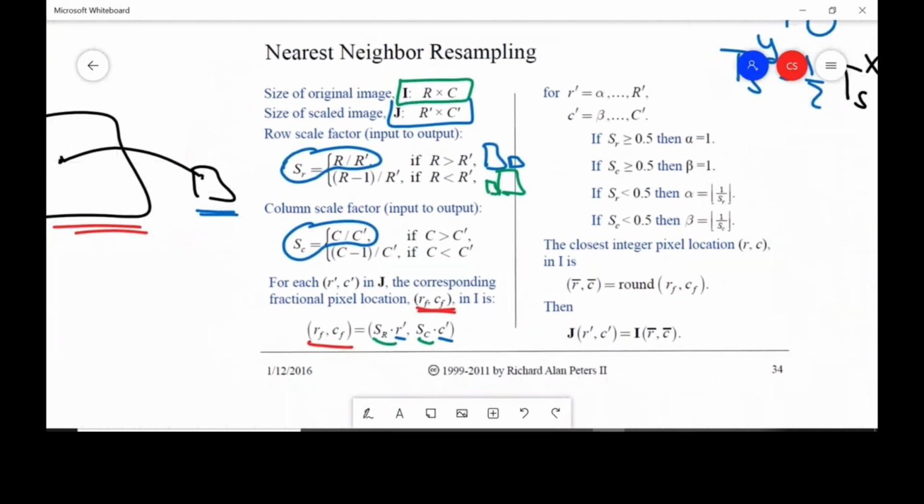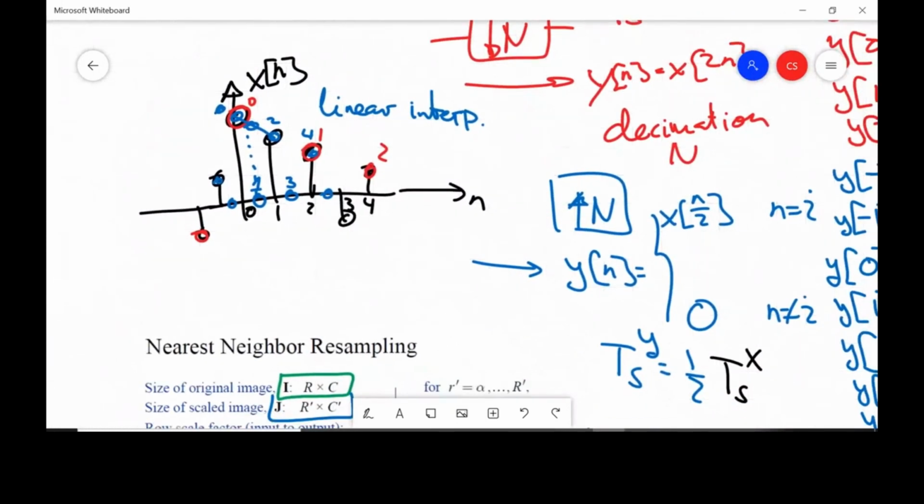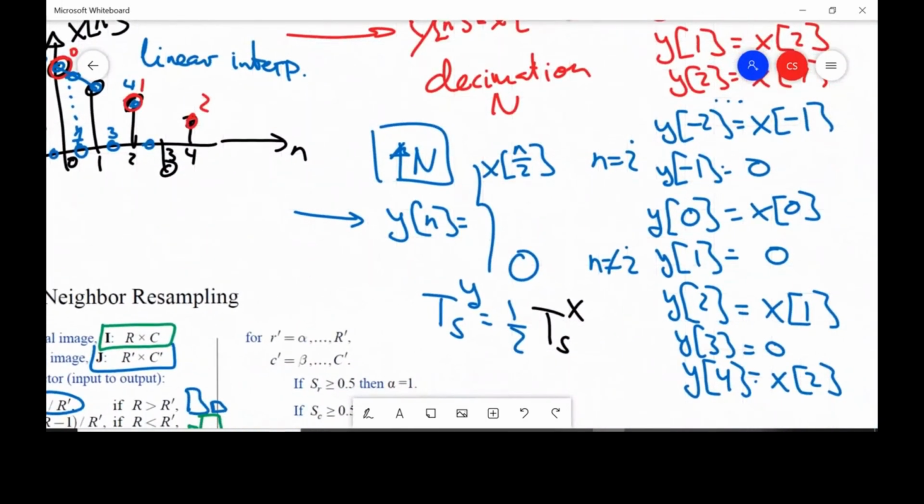Actually, if you look at what we were doing here, we were doing exactly that. We avoided the fractional by this distinction of multiple of 2, not multiple of 2. But otherwise, we would have a fractional coordinate here.